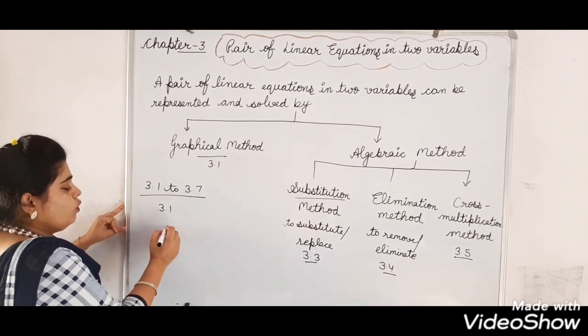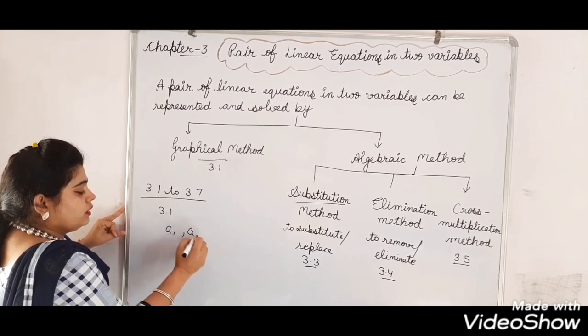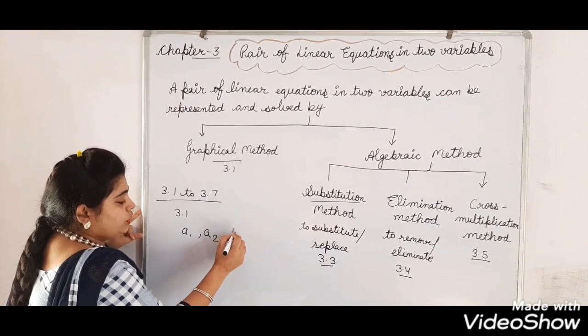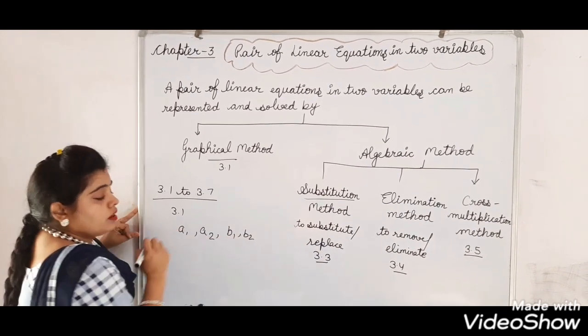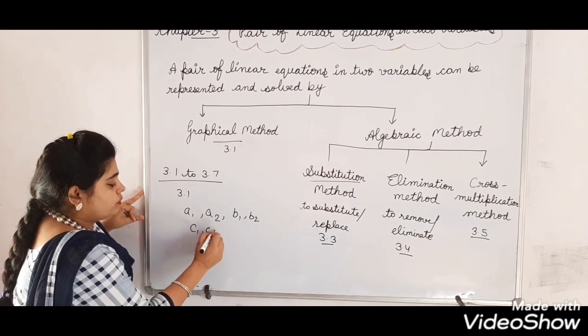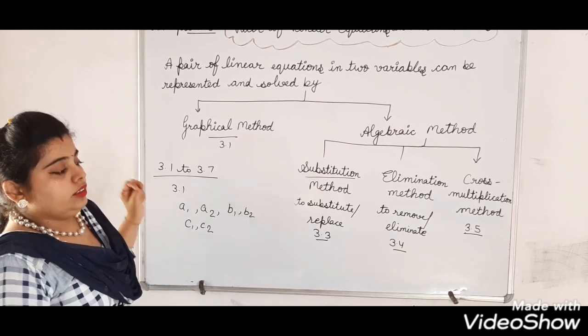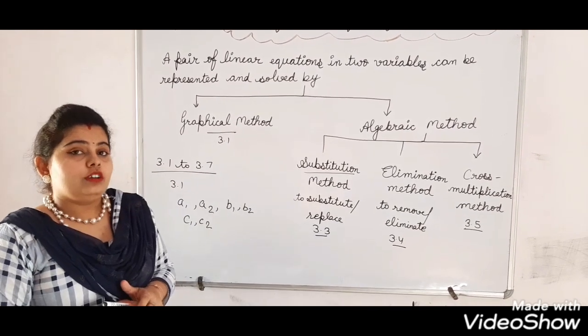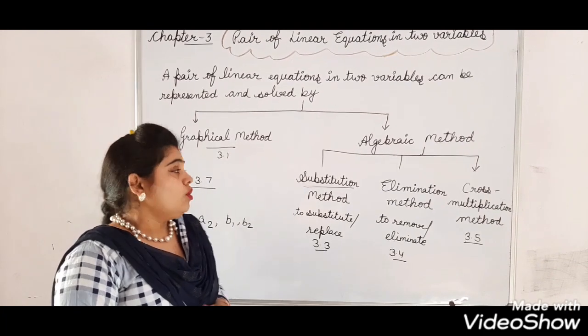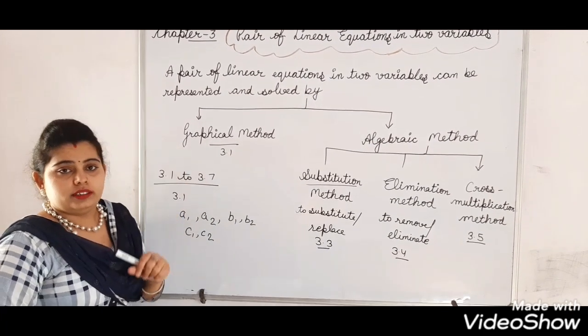In 3.2 we will compare these constants or these coefficients of x1, y1, x2, y2. And in 3.6, pair of reducible equations. In 3.7, it's optional.